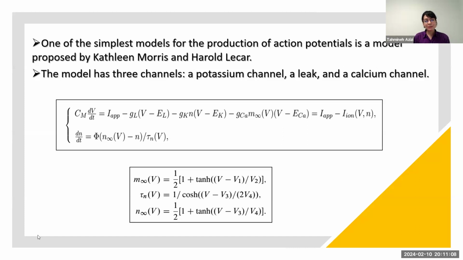And there are other parameters, for example, at the bottom of the slide, M infinity and N infinity, which represent the steady state values of the gating variables. Tau N is a time constant associated with the gating variable, which represents the activation kinetics of a specific type of ion channel.